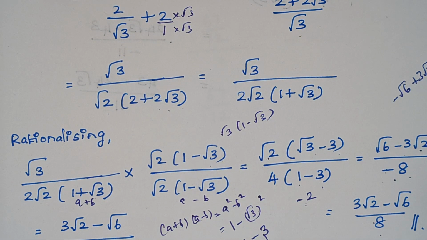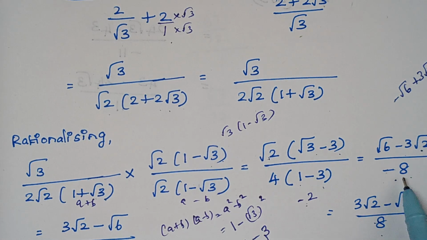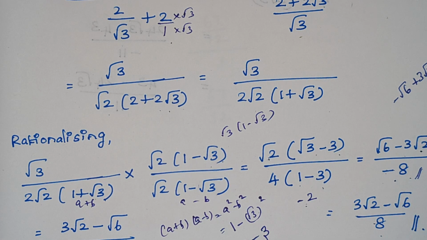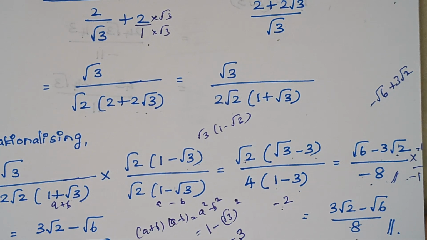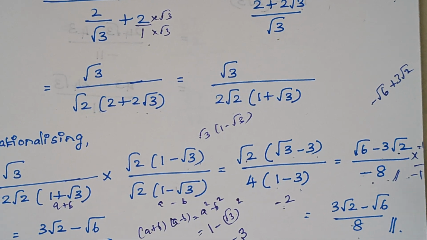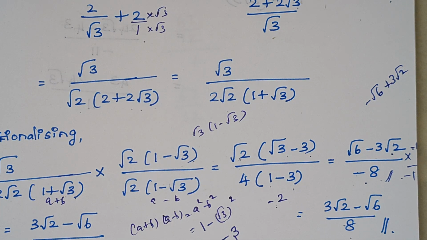Because in maths, even you can say this as an answer, but the better way is, since we are having numbers in both the numerator and denominator, we try to express the answer in a positive way. That's the reason why we are multiplying this term with minus 1 on both numerator and denominator, and finally this is our answer.